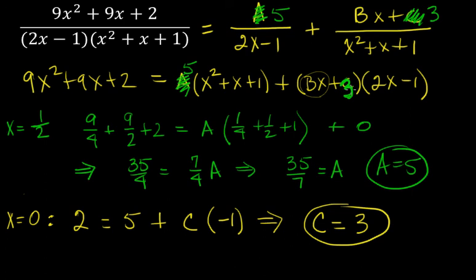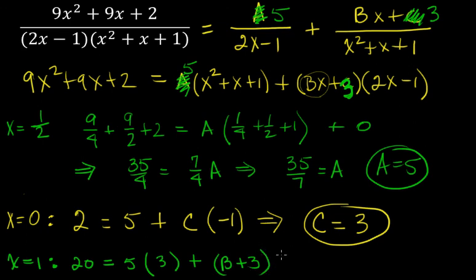Now I still have to solve for b, so there's nothing that will give it to me for free. So I have to let x be something. Well, let's pick something easy to plug in. How about x equals 1? If x is equal to 1, plugging it in on the left, I get 9 plus 9 is 18, 20 is equal to, and then I have 5 times 1 plus 1 plus 1 is 3, plus b times 1 is b plus 3.